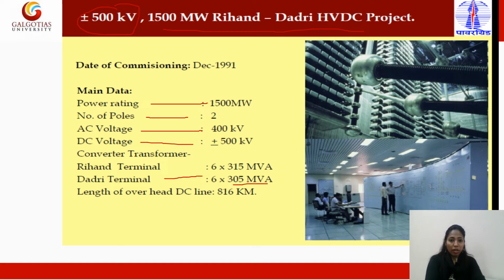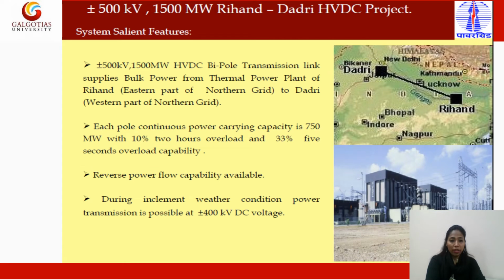The total length of the overhead transmission line in this project is 816 kilometers. This is actually the first such project in India. The plus minus 500 kV 1500 megawatt HVDC bipolar transmission link will supply bulk power from the thermal power plant of Rihand to Dadri, that is from the eastern part of the northern grid to the western part of the northern grid.